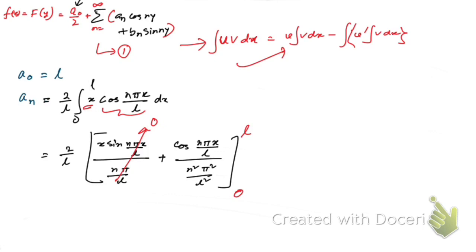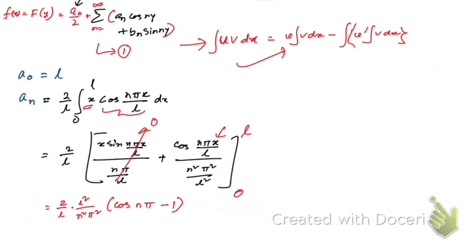So our result will be 2L times L² by n²π² times (cos nπ minus cos 0). Cos nπ remains, and cos 0 is 1, so there will be minus 1. Hope you have understood this.